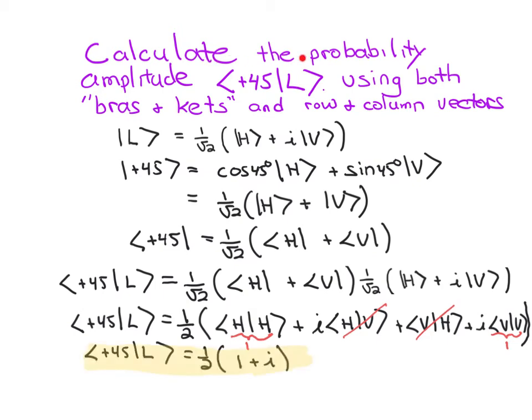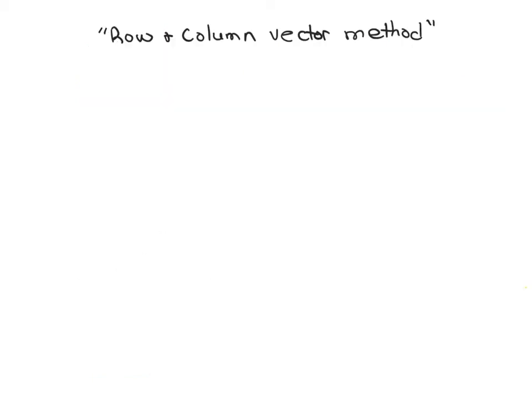So I've calculated the probability amplitude using the Bra and Ket method. And as a check, let's make sure we get the same answer using the row and column vectors method.